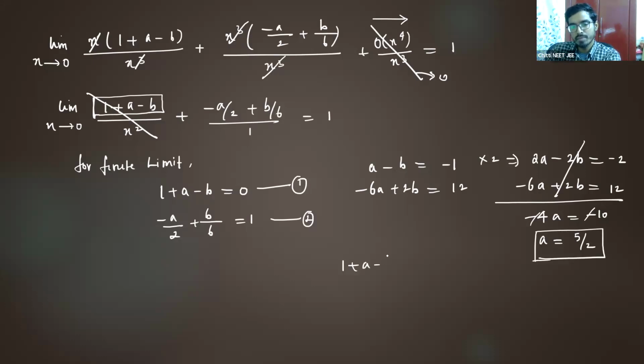And we know 1 plus a minus b is 0. So b is equal to 1 plus a. So 1 plus 5 by 2, which is b equal to 7 by 2. So when a is 5 by 2 and b is 7 by 2, then this will happen. Okay, it is plus 10, sorry.